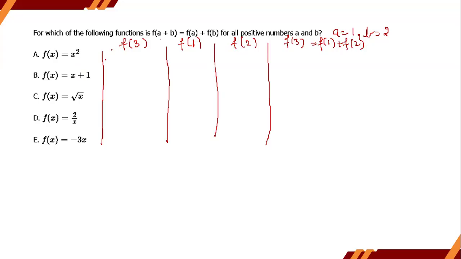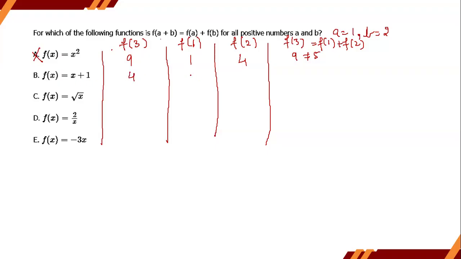Okay, so if we look at this one, here we have x replaced by 3, so this is 3 squared, that gives us 9, and here we have 1, and here we have 4. Of course, 9 is not equal to 5, right? So we can eliminate option A. If we look at answer choice B, here 3 plus 1, that's 4, right?